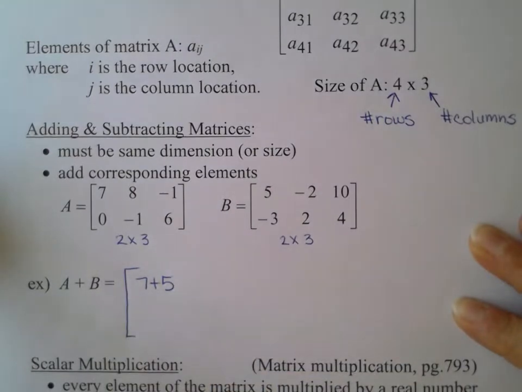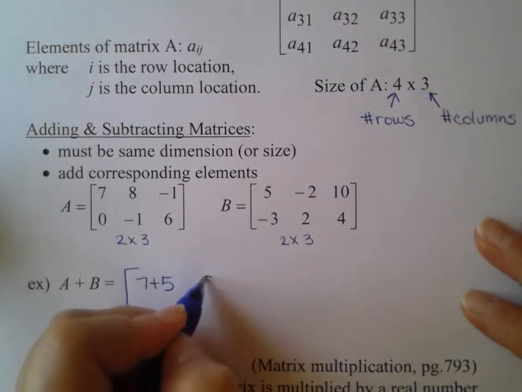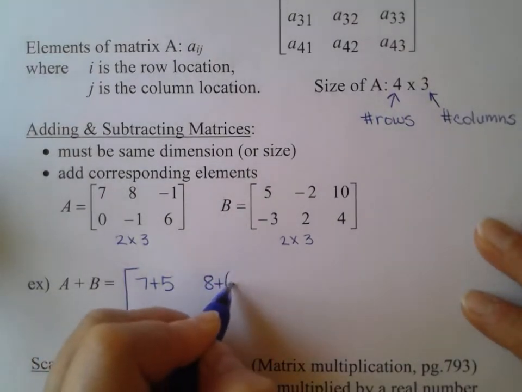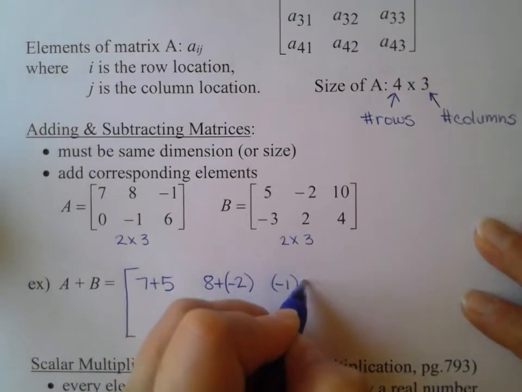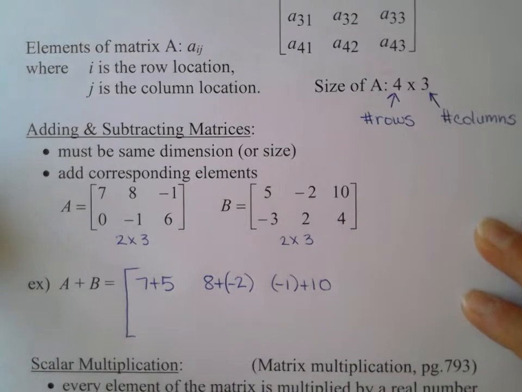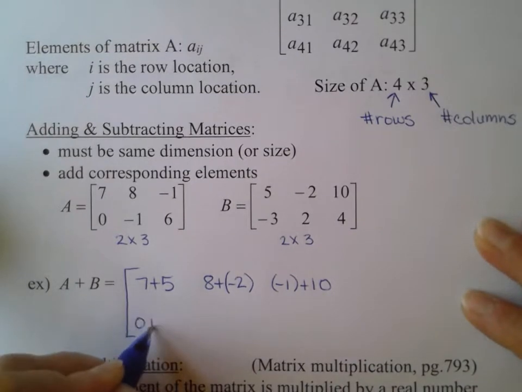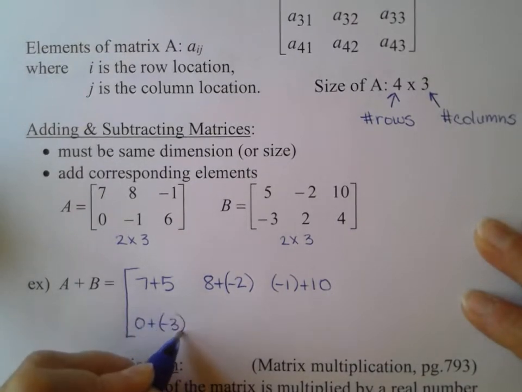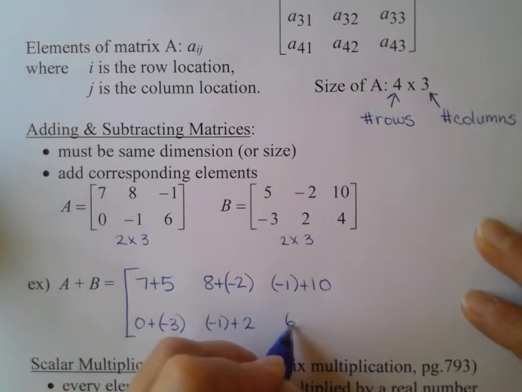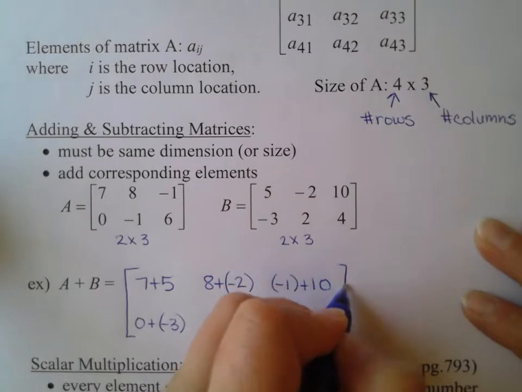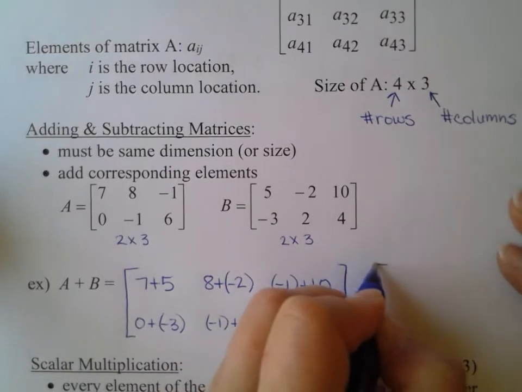So I'm going to add the 7 plus 5. I'm going to add the 8 plus -2. I'm going to add the -1 plus 10. I'm going to add 0 plus -3, -1 plus 2, and 6 plus 4, each individually.